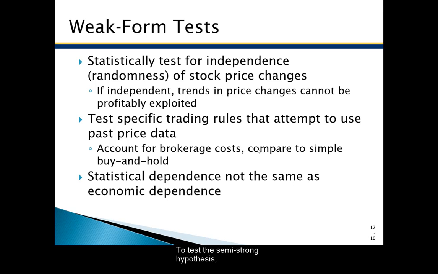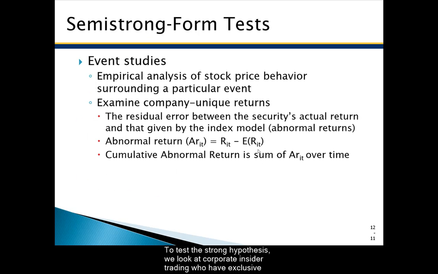To test the semi-strong form efficiency hypothesis, we use the event study approach to examine the stock price behavior surrounding certain corporate events, such as earnings releases. The consensus is that the U.S. market is a little short of being semi-strongly efficient.